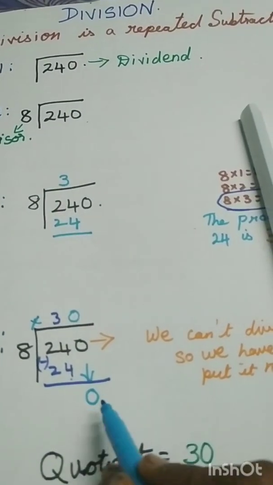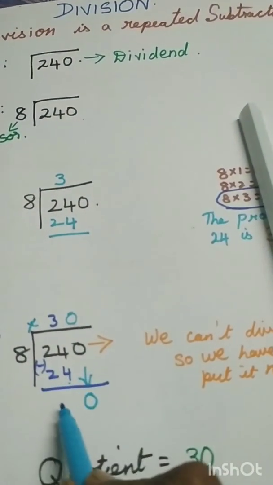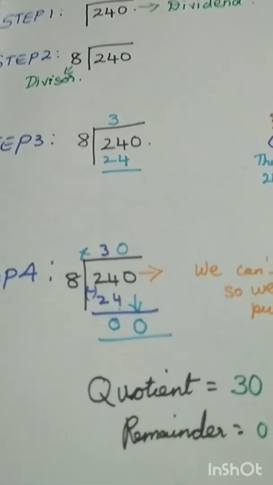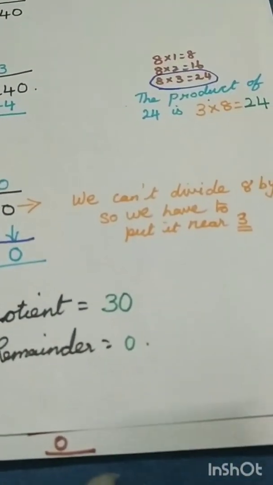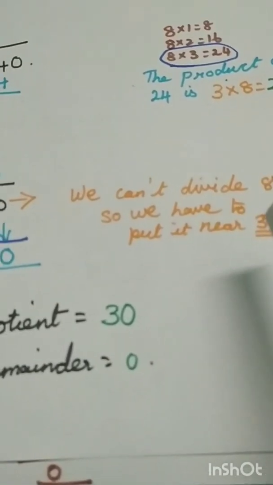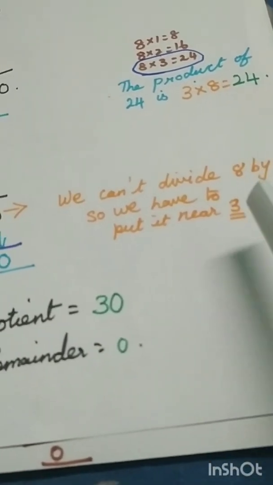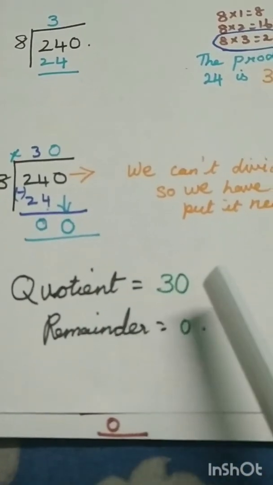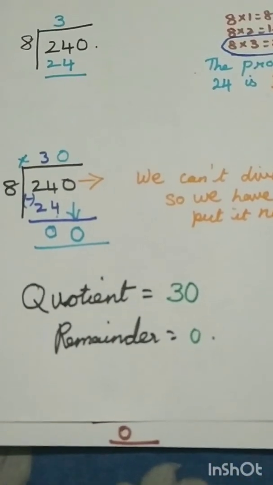So what is the answer? 24 minus 24, it is 0. We cannot divide 8 by 0. Okay, so we have to put the 3 up and 0 up. So quotient is 30, remainder is 0.